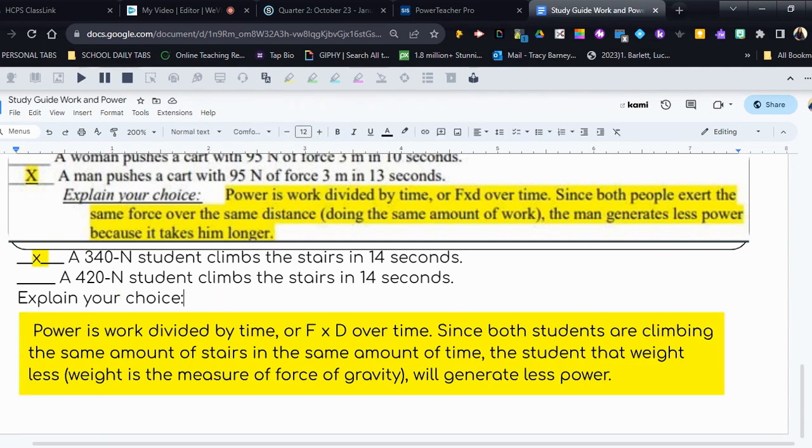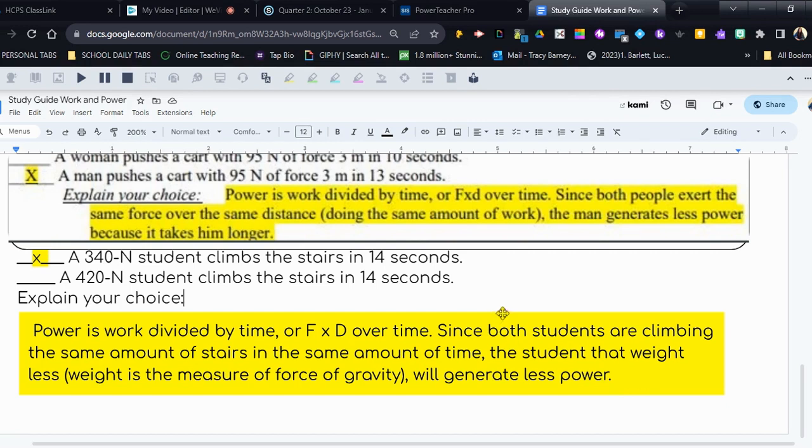And since both students are climbing the same amount of stairs in the same amount of time, that student that weighs less, okay, remember, weight is a measure of the force of gravity, that person will generate less power. And that also goes along with the lab we did, Can You Feel the Power?